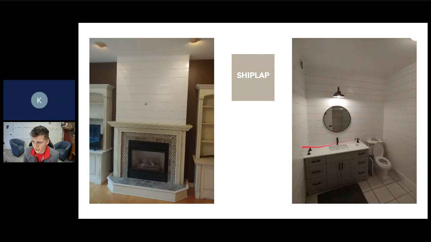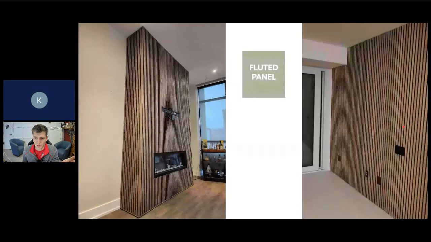This is a washroom we did. It can look really nice anywhere. Some people will do their entire houses. You can do your whole kitchen, especially in more of a country style. But again, this works everywhere. I know in the United States it's very popular in the Northeast. You'll see some houses where I'd say 75% of the house is done in shiplap. If it's done right, it looks very sharp.